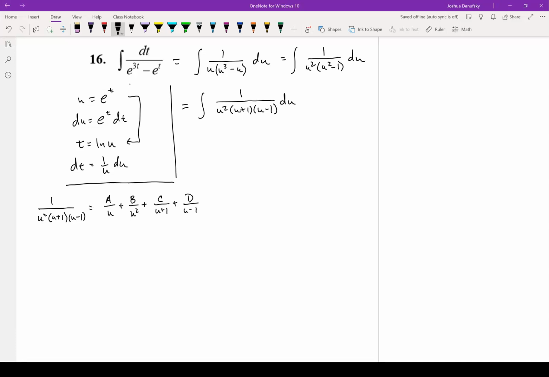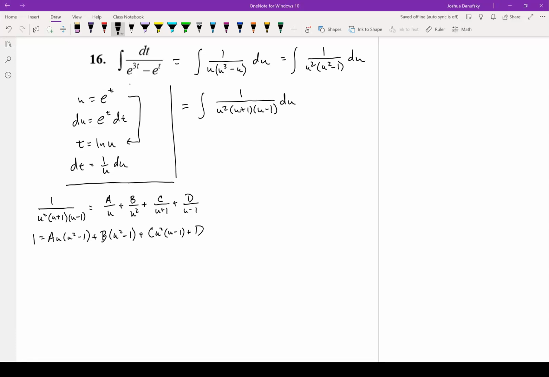So making common denominators, we have 1 equals this term here needs to be multiplied by u and u plus 1, u minus 1. So that's u squared minus 1. So we get A times u squared minus 1. The next term, B, will need to be multiplied by u squared minus 1. C will be multiplied by u squared and u minus 1.